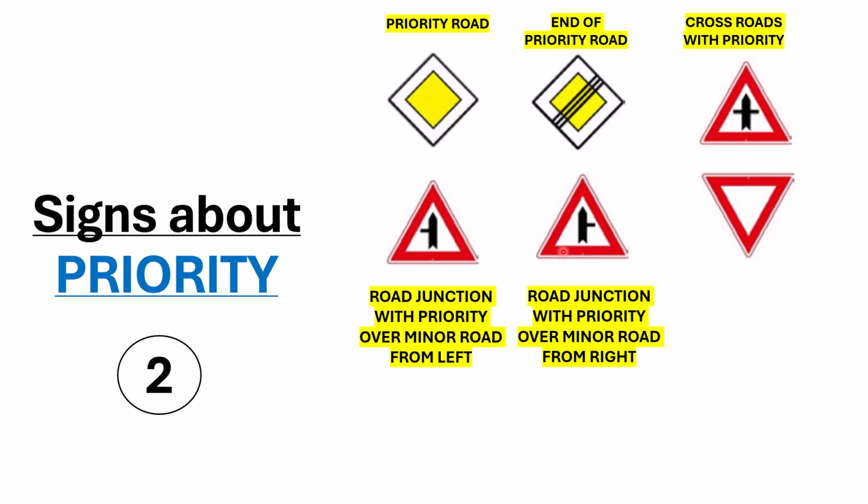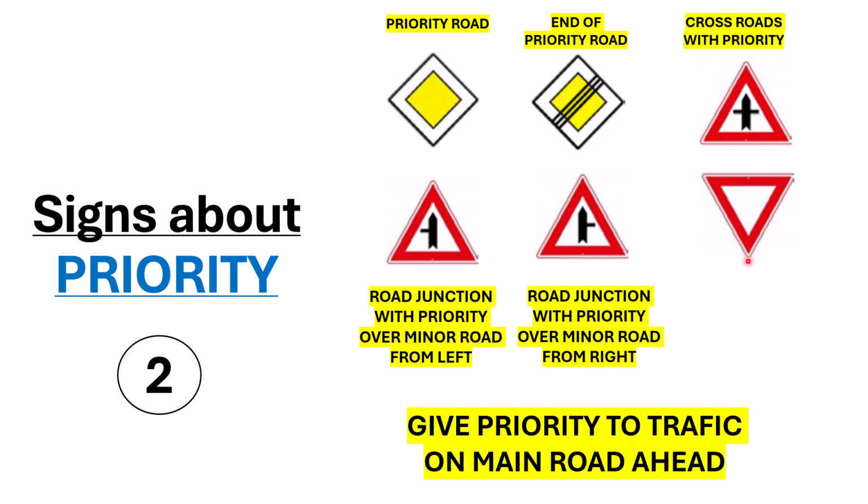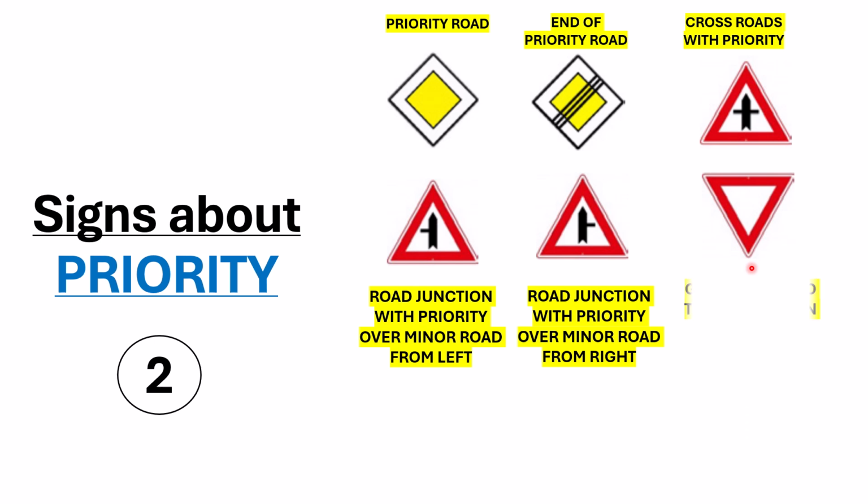Because you can see this triangle is pointing downwards, and whenever you find this triangular signboard, or this kind of marking painted on the road itself, it means that you are approaching a priority road or main road ahead, and you will have to stop and give right of way to traffic coming or passing on the main road ahead.